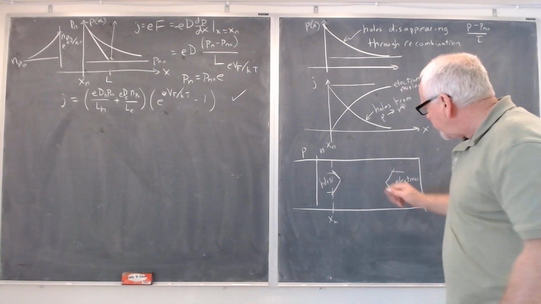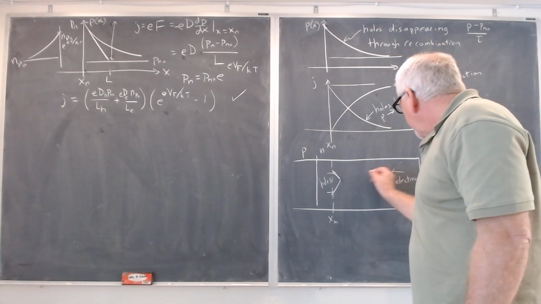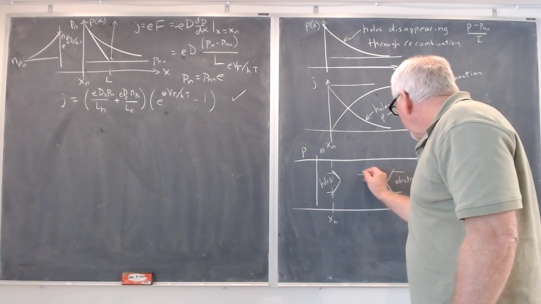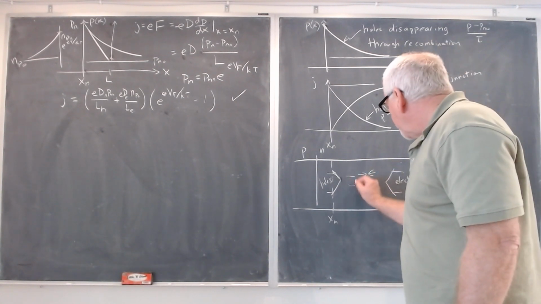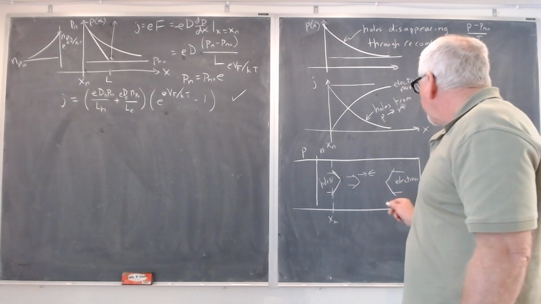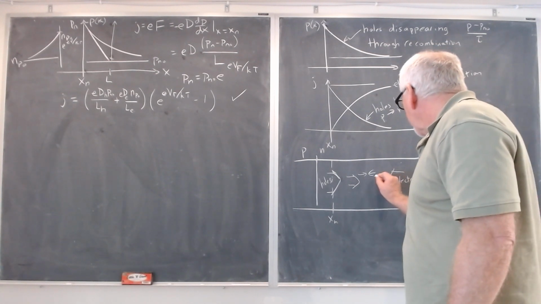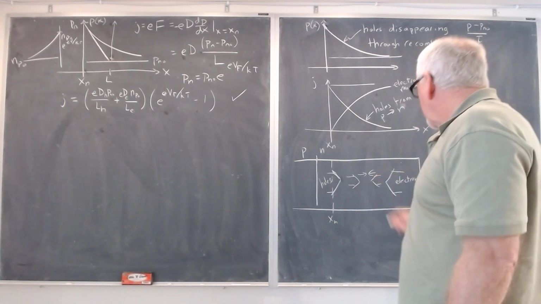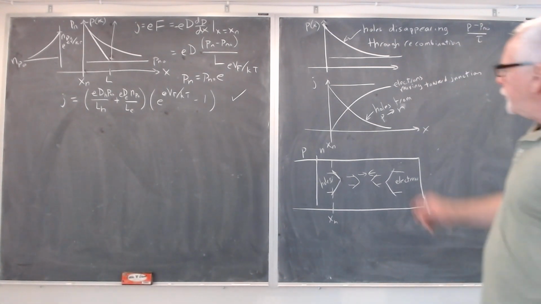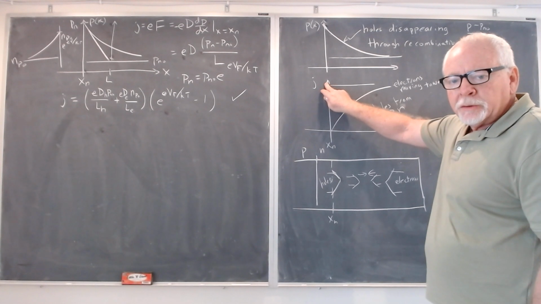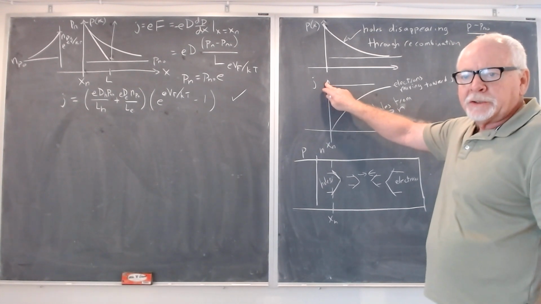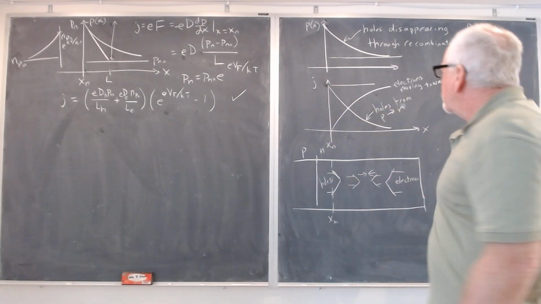Every time a hole and an electron meet, they disappear. So the hole component is getting smaller, and the electron component is getting smaller too, until finally, when you reach the junction, there's only the hole component. There's no recombination taking place at the junction itself.